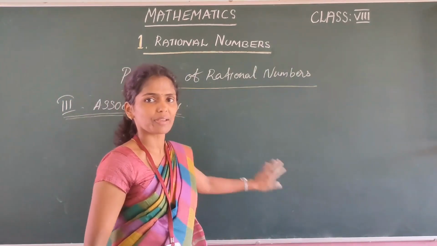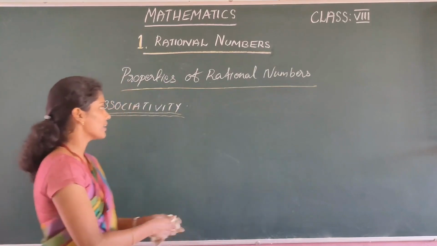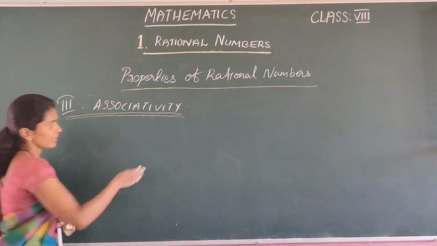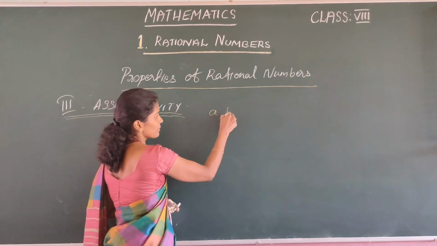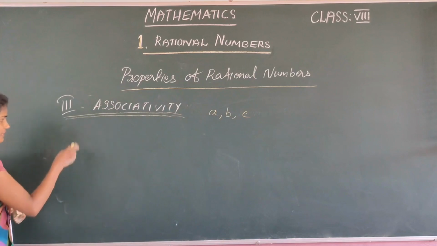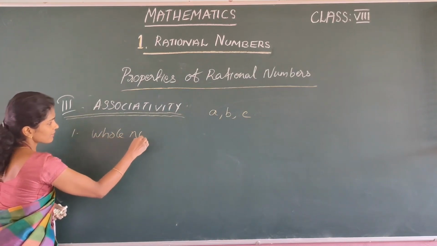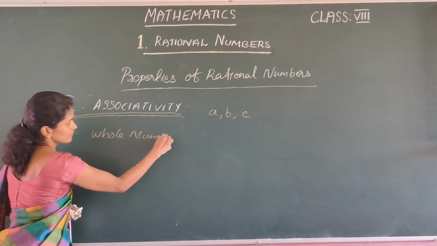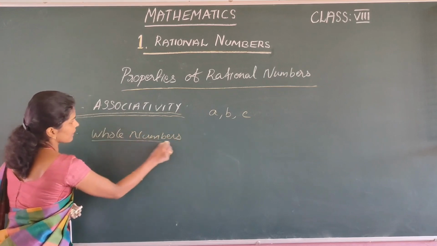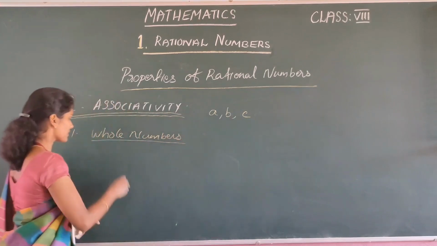Our third property, associativity. For any three numbers a, b, c, we take any three numbers a, b, c. First, we consider the whole numbers case. In the case of whole numbers, a, b, c are three whole numbers.